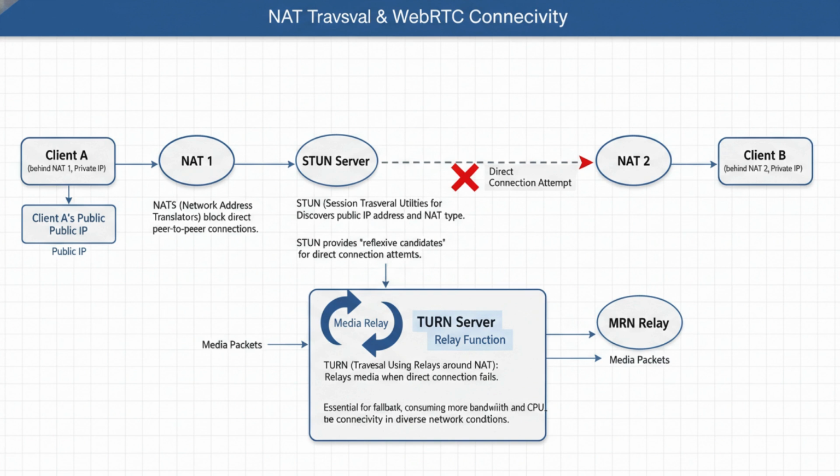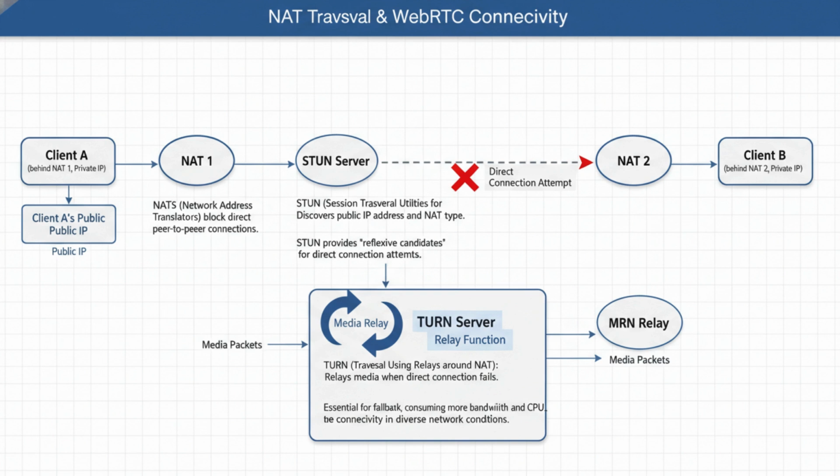However, some restrictive NAT types, particularly symmetric NATs or corporate firewalls, might block direct peer-to-peer connections even after STUN has provided public IP information. In such cases, TURN, or Traversal Using Relays around NAT, servers come into play as a fallback. A TURN server acts as a relay, forwarding all media packets between the peers. Instead of a direct connection, both clients send their media to the TURN server, which then relays it to the other party.